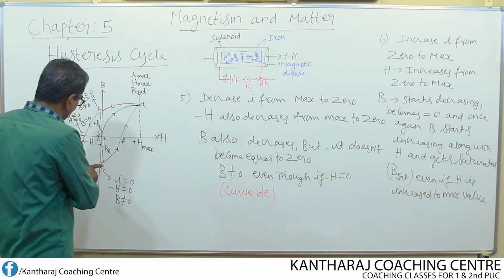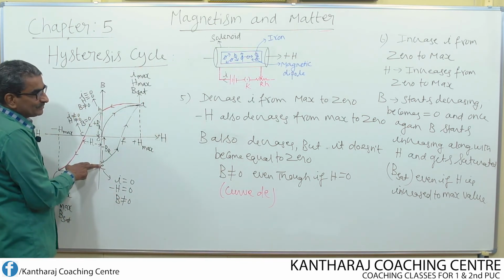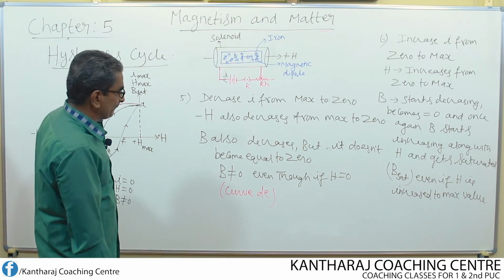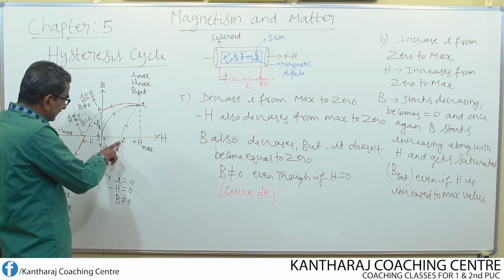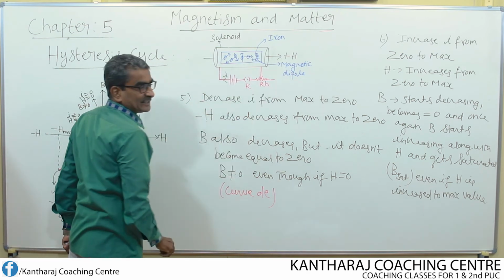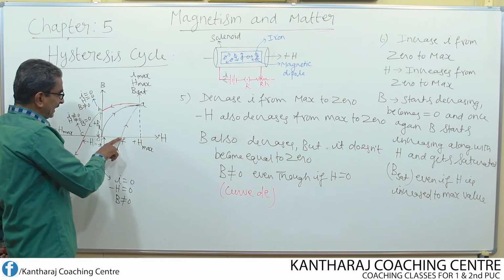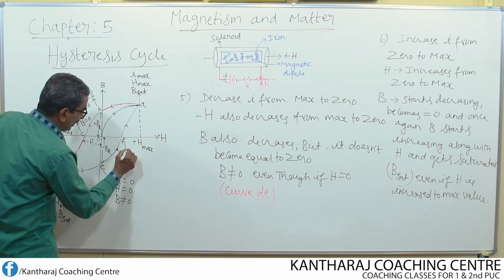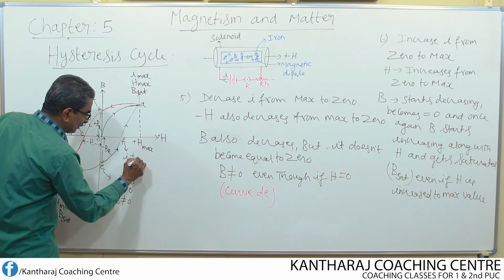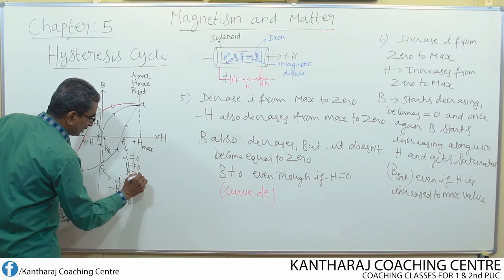Look here. So B is initially not equal to 0. Okay. Now B starts decreasing. If you increase I, H also increases, positive H. So B decreases, and finally at this point here what happens? I is not equal to 0, H is not equal to 0, but B becomes equal to 0.